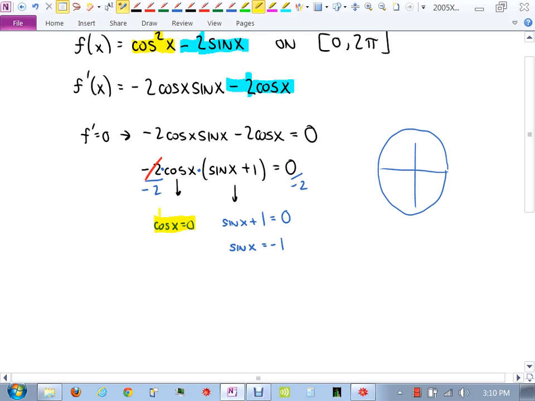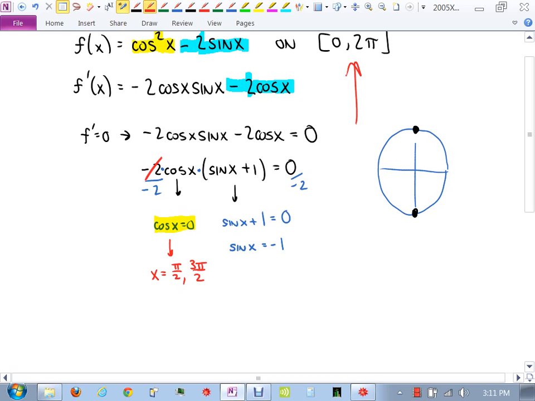So when I'm trying to figure out when's cosine x 0, I'm saying where's my x coordinate 0 on the unit circle? Pi over 2 and 3 pi over 2. So for this first equation, I get x equals pi over 2 and 3 pi over 2. And I don't go any further than that because the interval we're looking at is 0 to 2 pi, right?